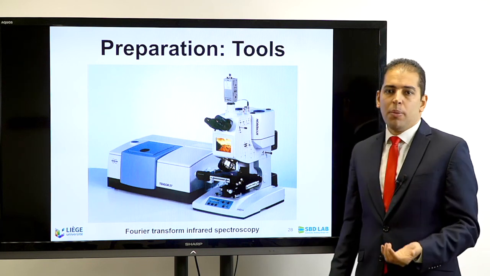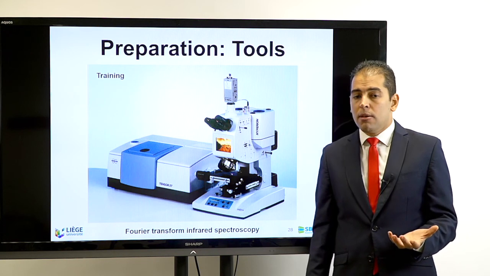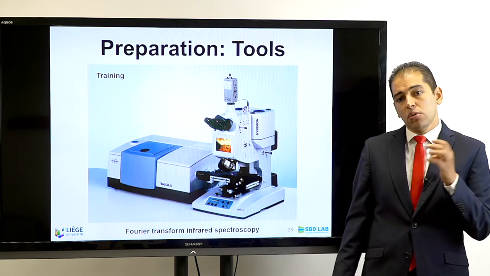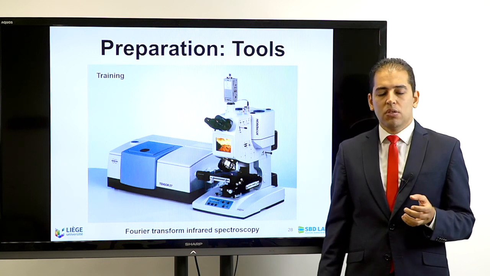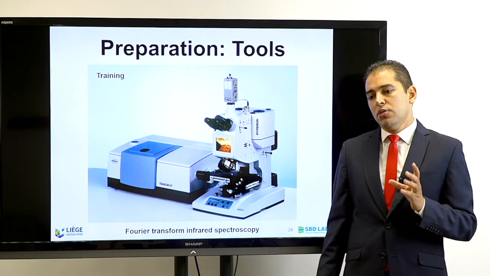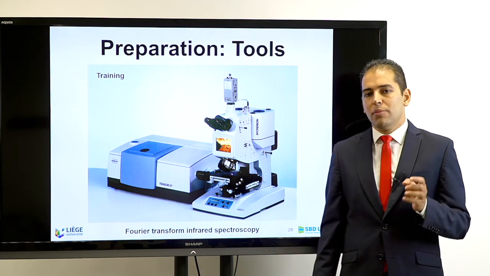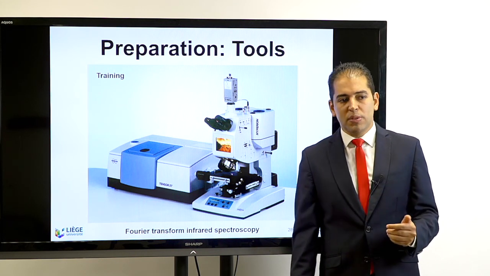And as part of your preparation of your measurement equipment and your tools, invest in training. Unfortunately, many researchers go into the lab without training, and that's not the best practice. Try as much as possible, at least if you know which lab you are going to visit, to make sure what kind of equipment they have, and whether you are familiar with that equipment or not.